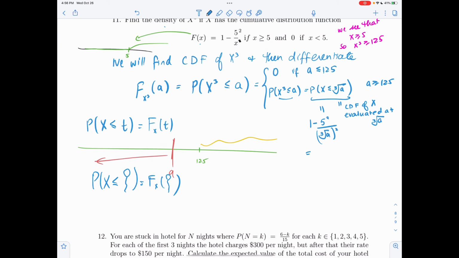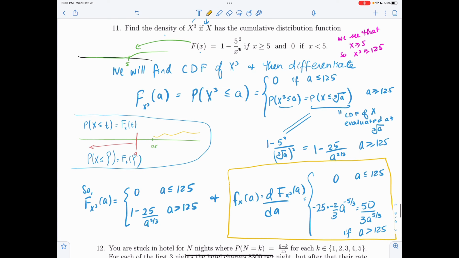Okay, so if you want, write it as 1 minus 25 over a raised to 2/3. All right, so that is the CDF of x cubed, right? I mean, not just that. This part combined with the other part, this is if a is bigger than or equal to 125.